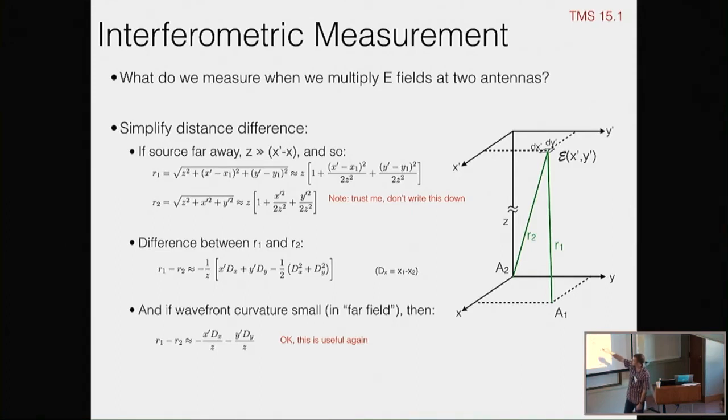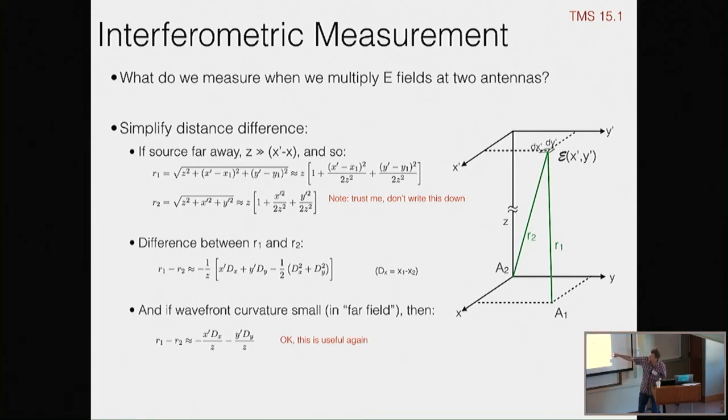Because these are small compared to the distance to the source, of course, you can use the very simple case that 1 plus epsilon square rooted is 1 plus epsilon over 2, and you can expand all this out. You can do it for R2. You can difference them, and what you'll find, because you've got these cross terms being squared here, is that R1 minus R2 is 1 over the distance times these products of sky coordinate and dx, where dx is just the separation of these two in x and in y.